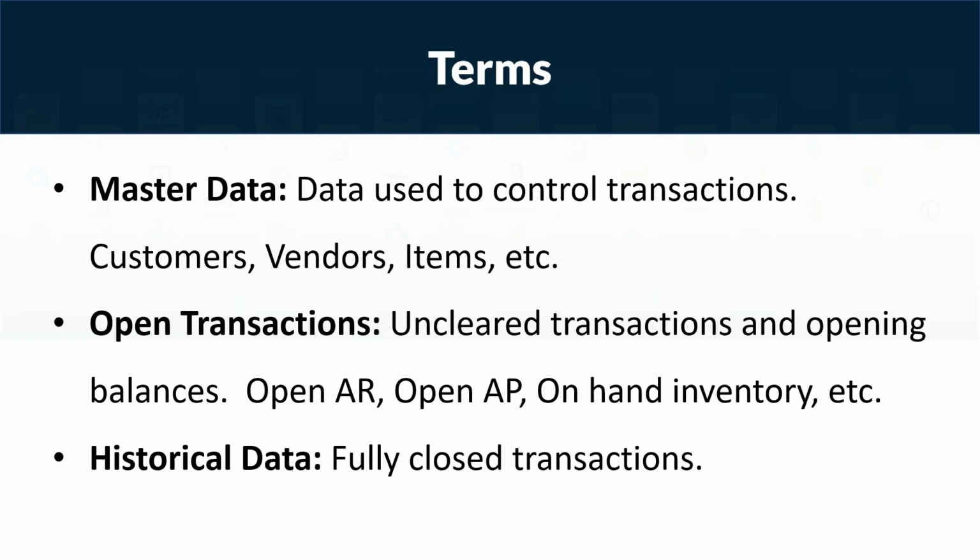Open transactions will always have to be moved into a new system because that's your starting point. You have to be able to receive cash against those, stuff like that. So again, think open AR, open AP, think on-hand inventory, uncleared payments from your bank account if you're making paper checks and those haven't cleared your account yet.